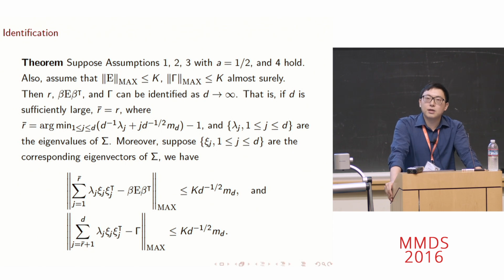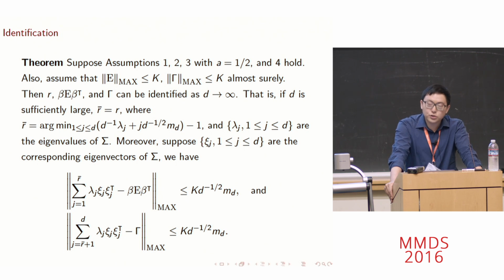That theorem tells you that given an infinite amount of data, you can perfectly estimate the sample covariance matrix. Now the question is, are you able to learn about the factor structure simply based on the sample covariance matrix? The answer is yes, you can, but up to some error. Here m_d, remember, is a sparsity constant.